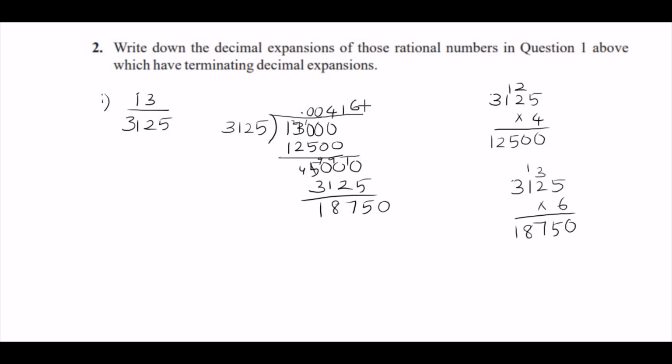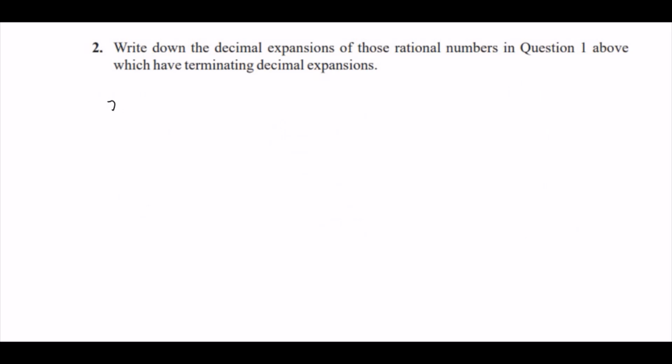That is 3125 into 6 is equal to 18,750. So you get it as 0. So the decimal expansion of 13 by 3125 is 0.00416.